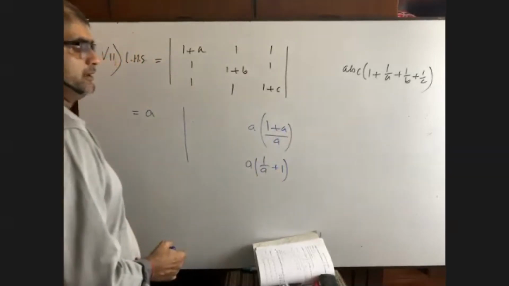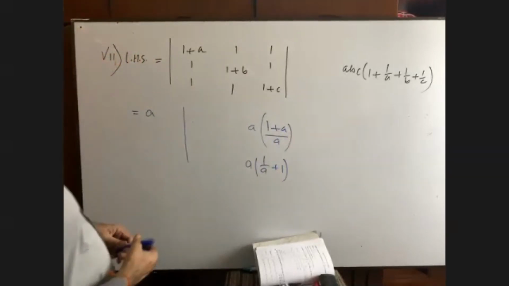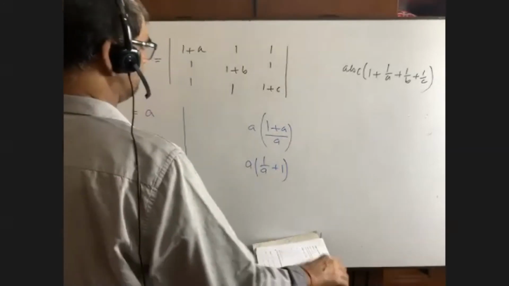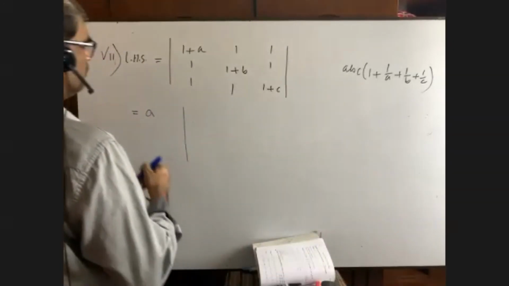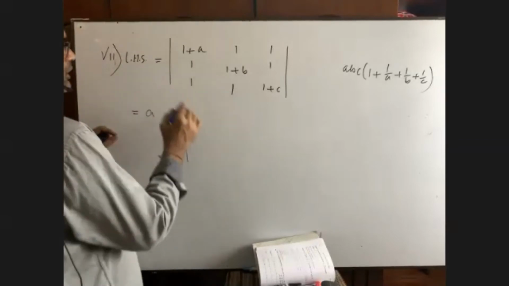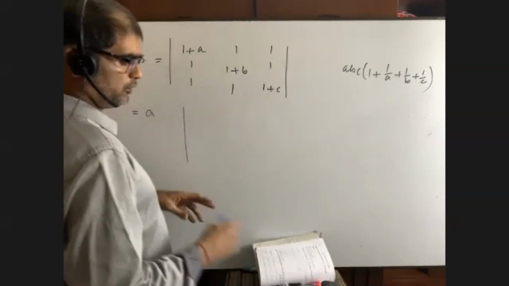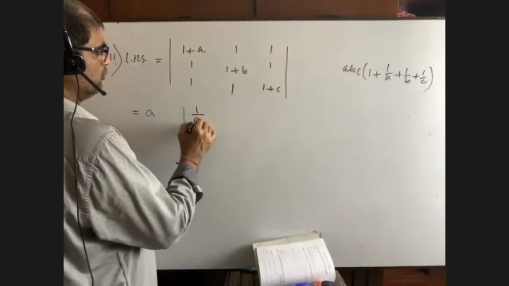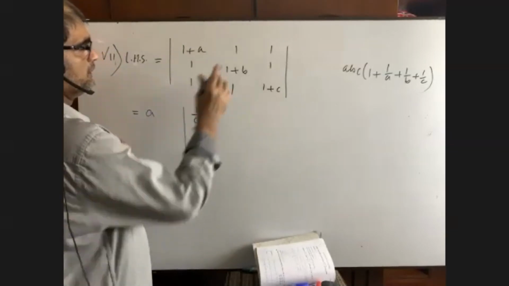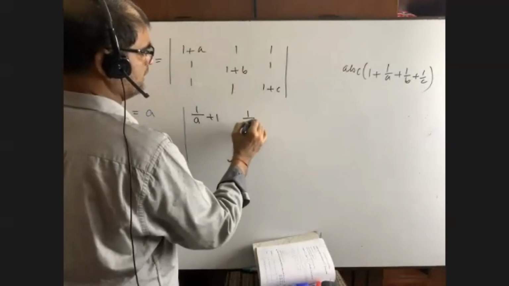Have you seen the pattern? So I am going to take a common from the first row. Then what will we get? Let me know, please. 1 by a plus 1. It is only 1 by a.